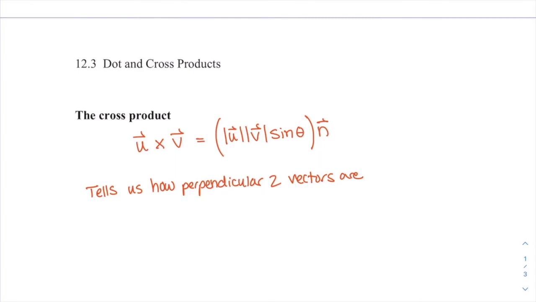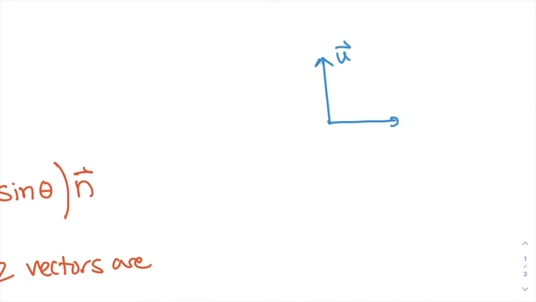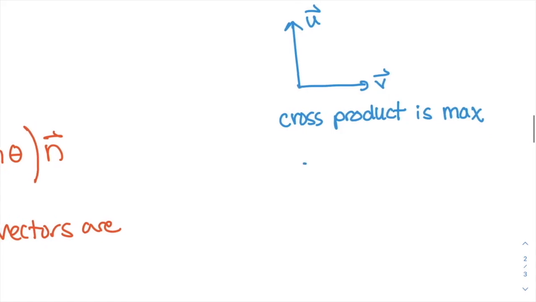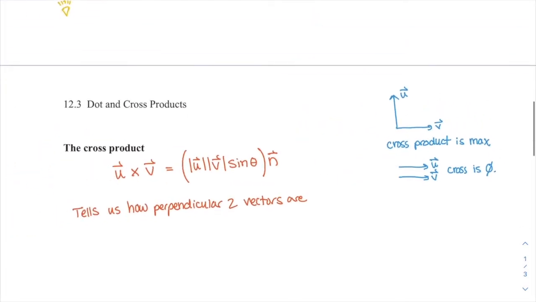In this example, if we had u and v like this, then the cross product is max. And similarly, when they're parallel, the cross product is 0, because the angle between them would be 0, and sine of 0 is 0, so that would negate the entire cross product.